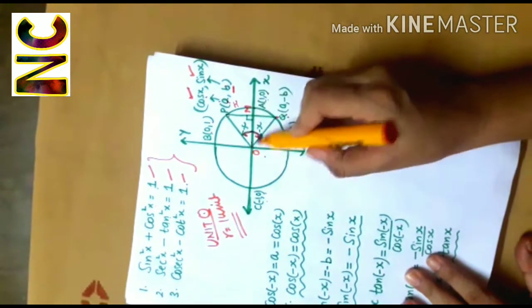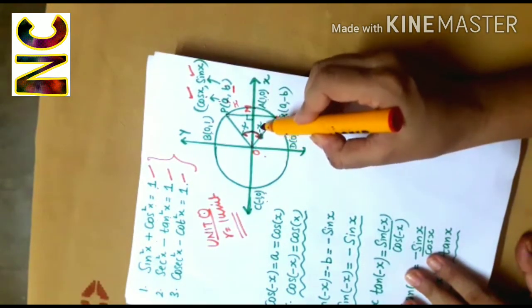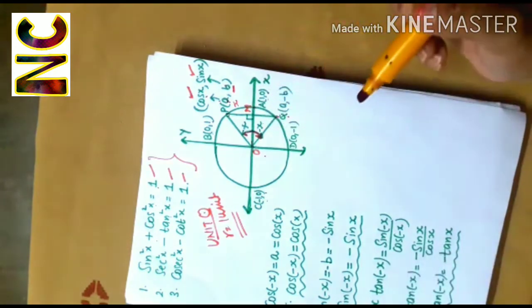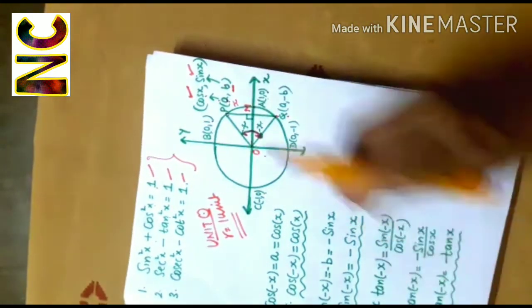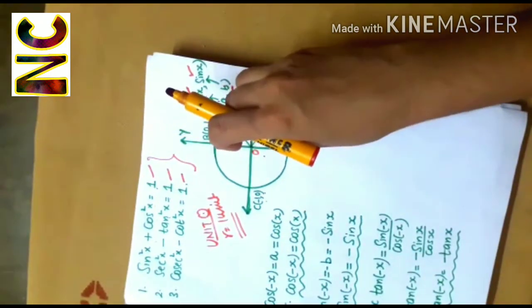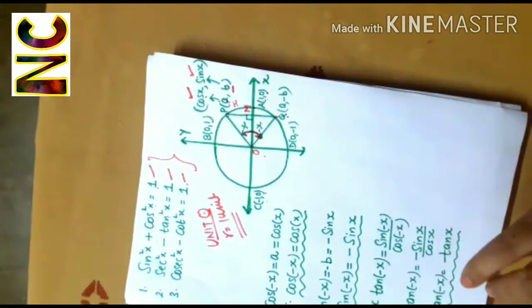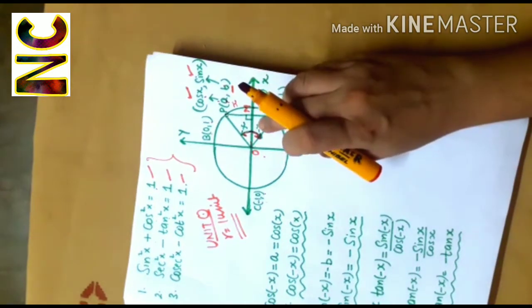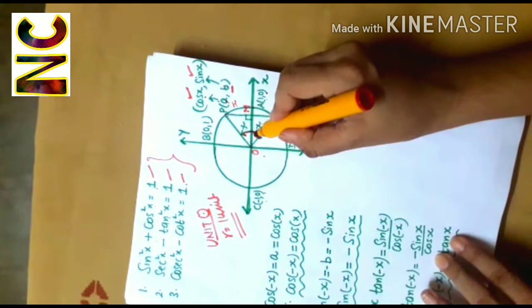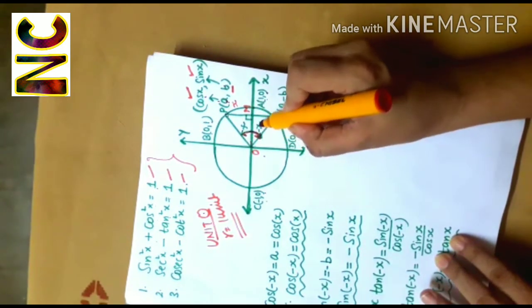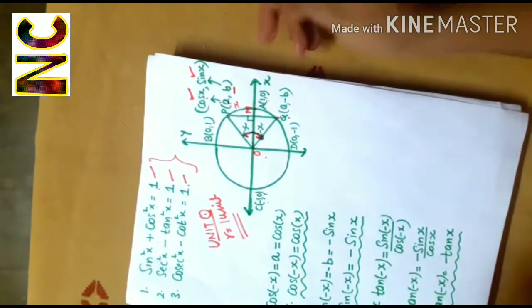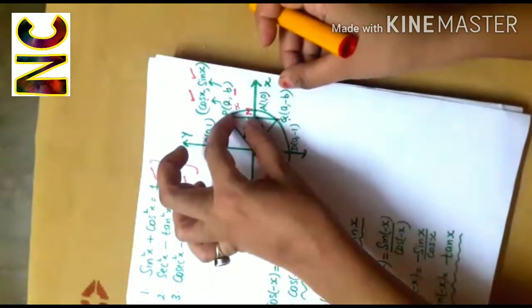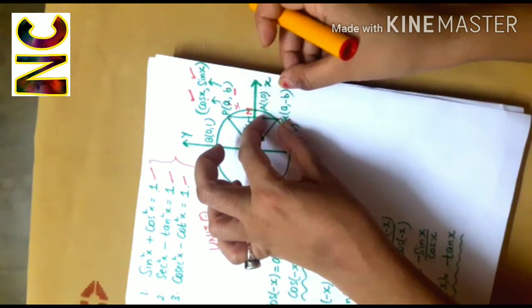This angle AOQ will be equal to minus x radian. Yes. Amount of rotation is same, so the magnitude of both the angles will be x. But because the direction of rotation of the ray is clockwise in this case, therefore this angle will be minus x radian, right?